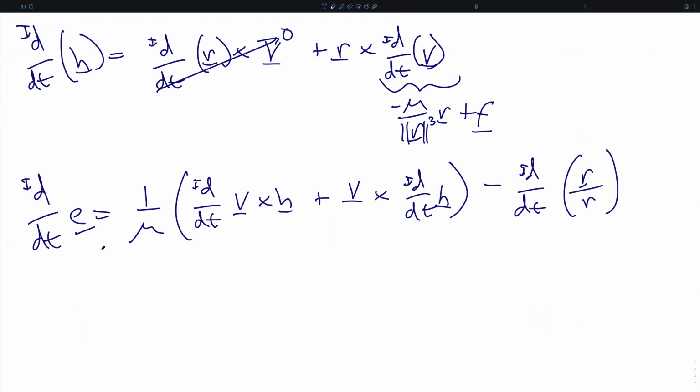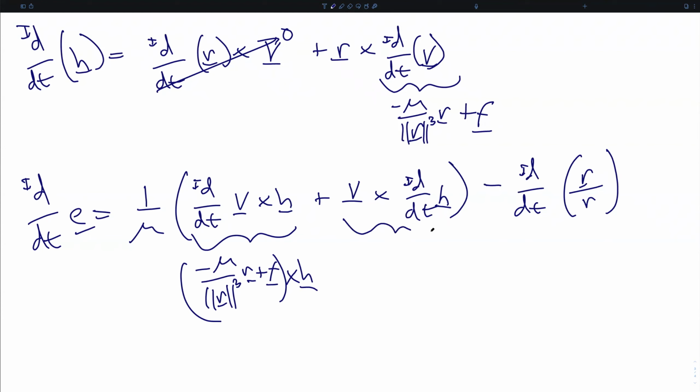The derivative of the eccentricity vector is 1 over mu times the product rule applied to that first cross product. So the derivative of the velocity crossed with h plus the velocity crossed with the derivative of h, minus the derivative of the unit direction of the orbital radius vector. This term becomes negative mu over norm r cubed in the r direction plus F crossed with h.